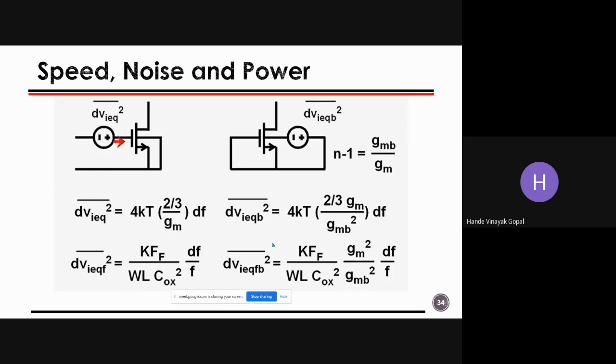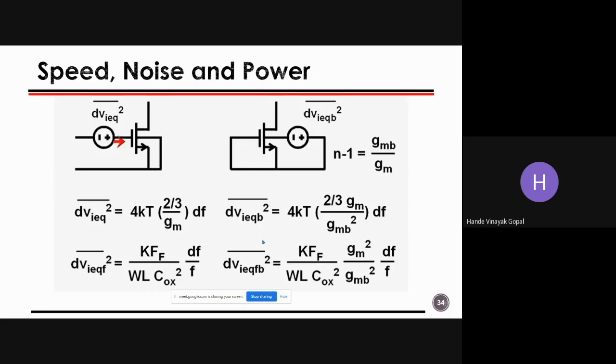There are certain things people are using, which we call bulk biasing, which is very popular nowadays, but unfortunately it has its own problem. One problem which is quite evident is noise. Here, if I want to model the thermal noise of a bulk-driven transistor, you can see that gmb comes into the denominator, and the gmb value is around 3 times smaller than the gm of that transistor.